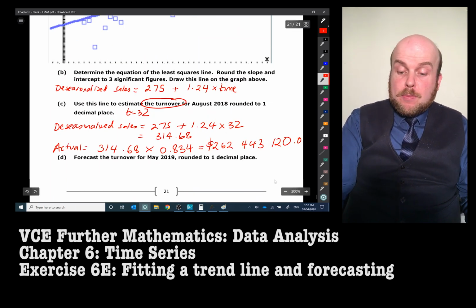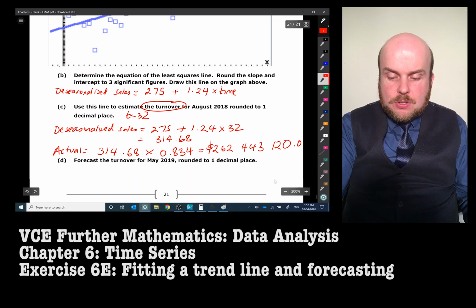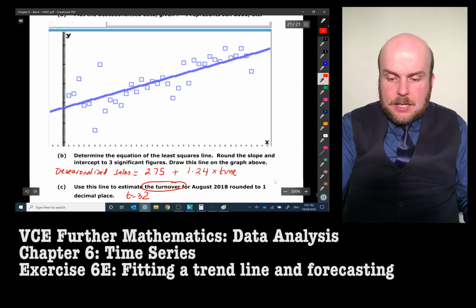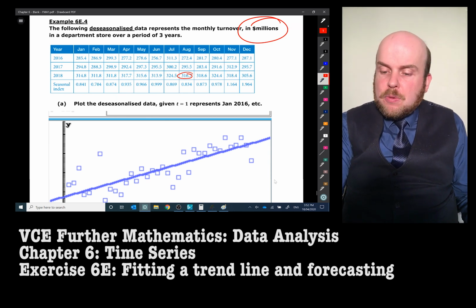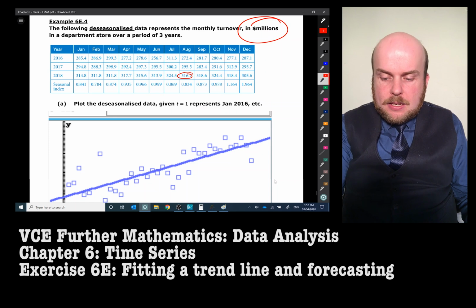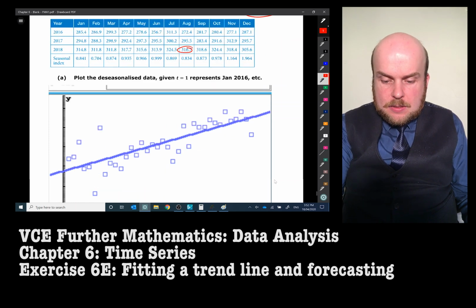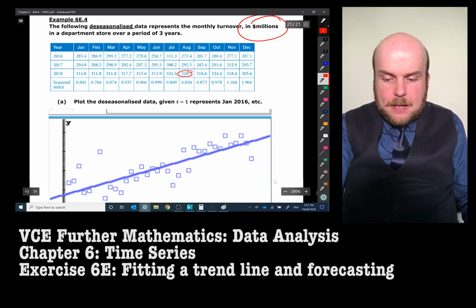Forecast the turnover for May 2019, rounded to 1 decimal place. So this is 2018, so 2019 will be the next one along. So May, it is May, isn't it? So if this is t equals 36, May is the fifth one along, 1, 2, 3, 4, 5.